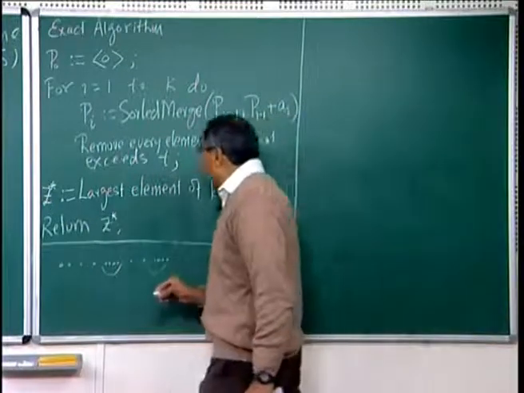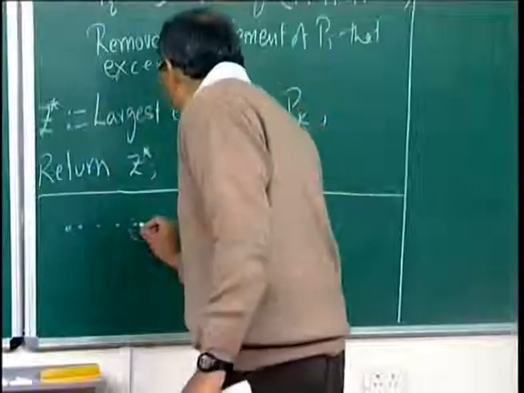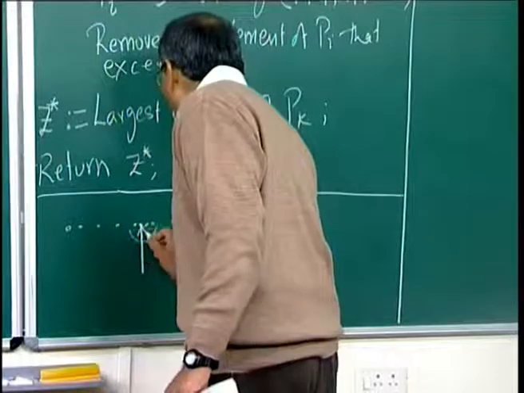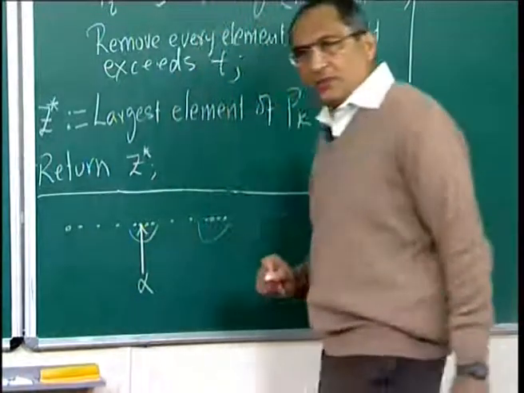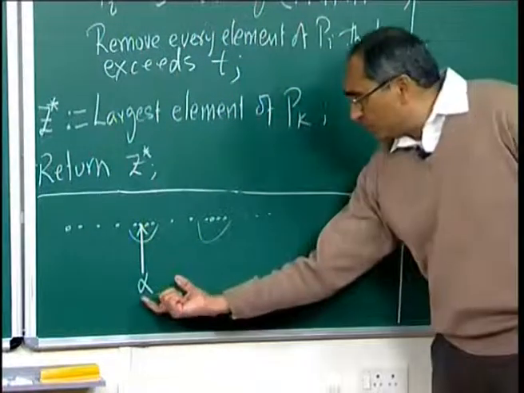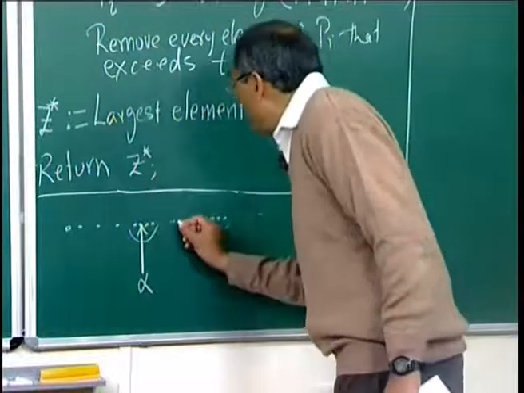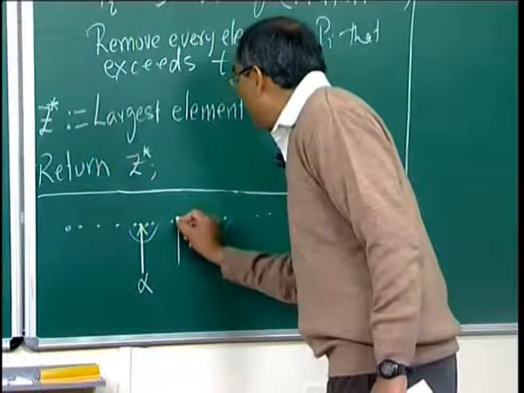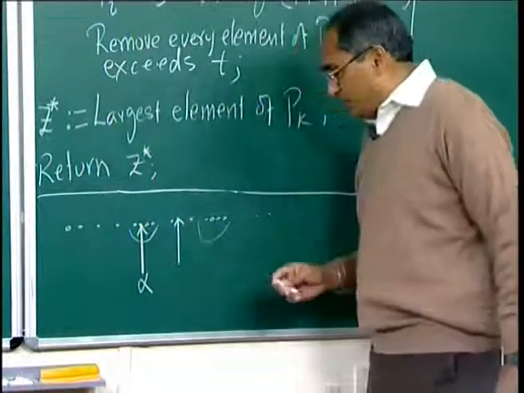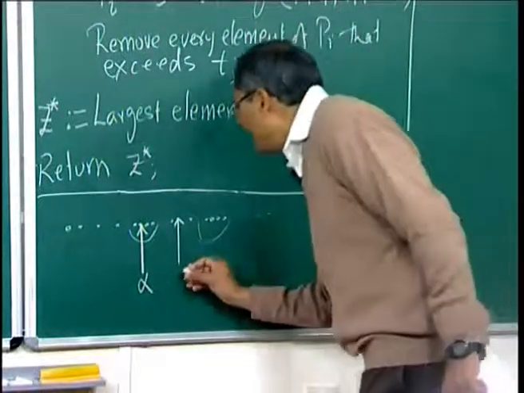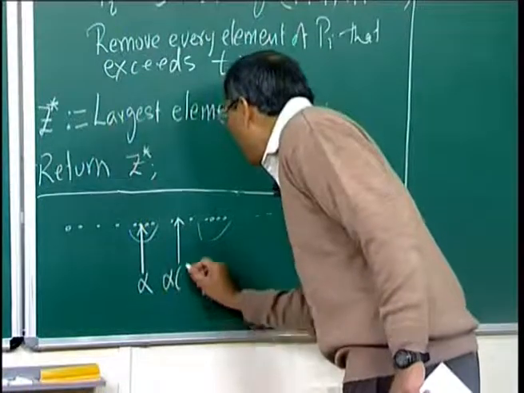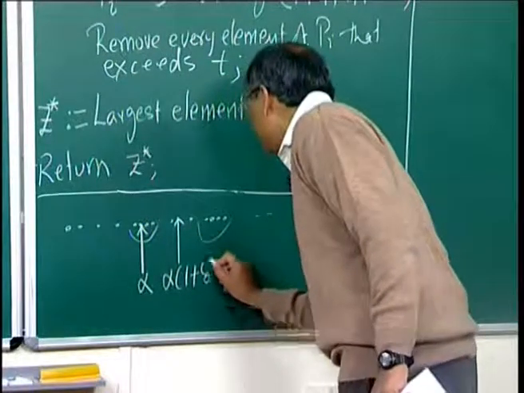So, what we will do is that suppose you have a number alpha in the list at some position, you have a subset sum equal to alpha, then we will not allow any number in between alpha and alpha times 1 plus delta.